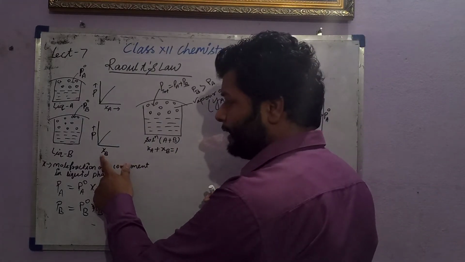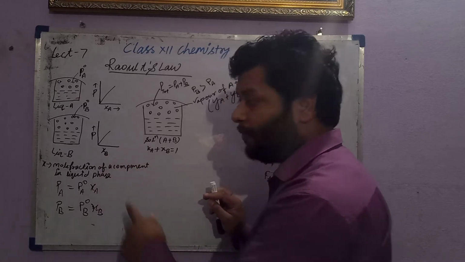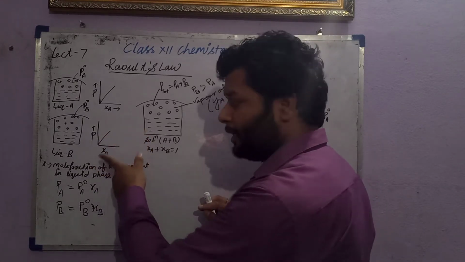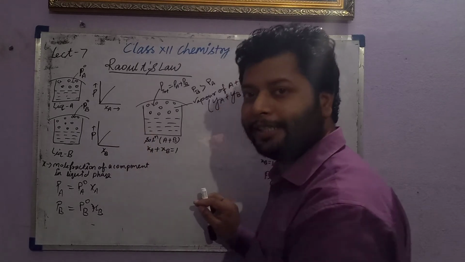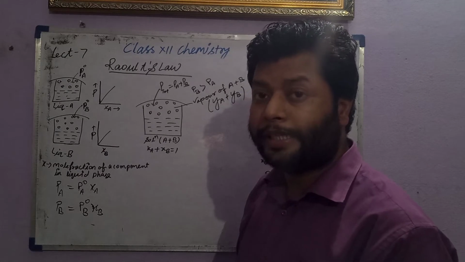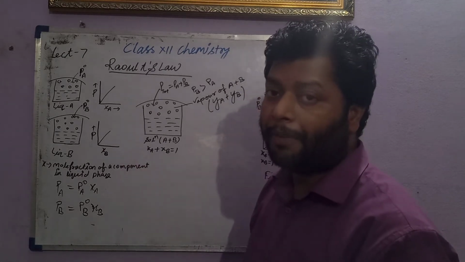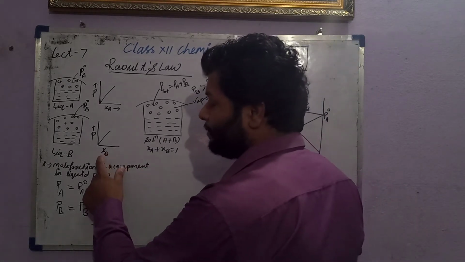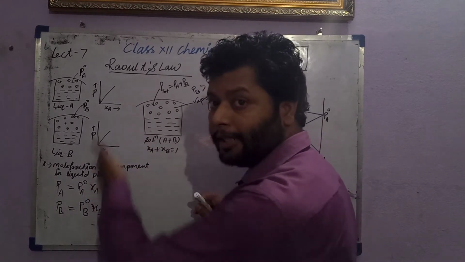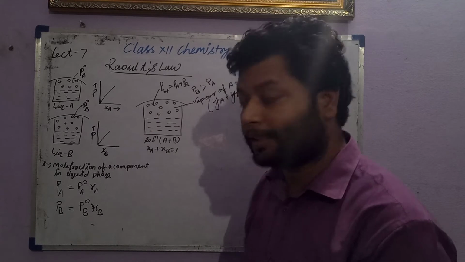So as we increase the mole fraction of any component, the pressure of the same component also increases. That's why this is a positive slope: as we increase the mole fraction of a component, the partial pressure of the component also increases.